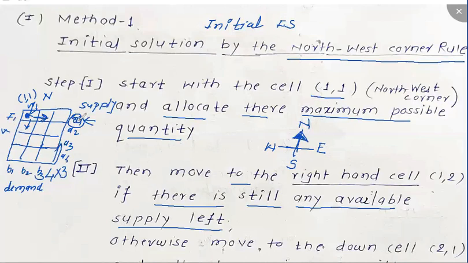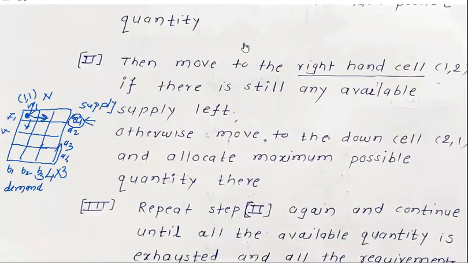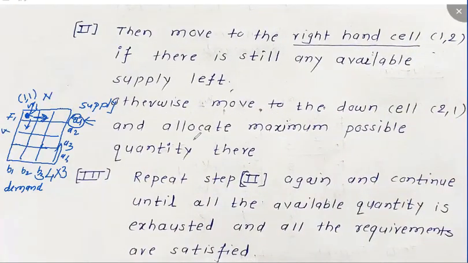And if there is no supply left, we move to the down cell 2, 1. Otherwise move to the down cell 2, 1 and allocate maximum possible quantity in this cell.